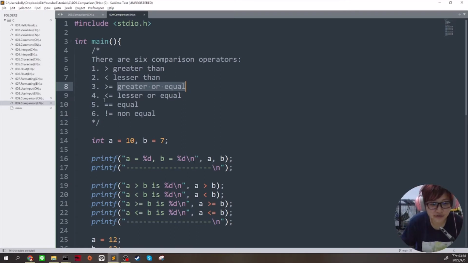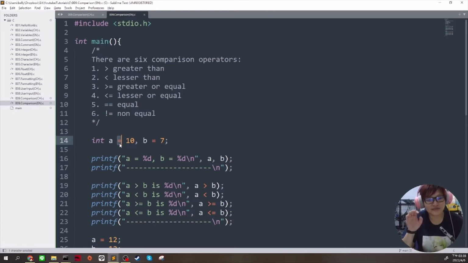Here you can see we have a double equal sign. Why? Because one equal sign is also an operator. It is the assignment operator. What does the assignment operator do?